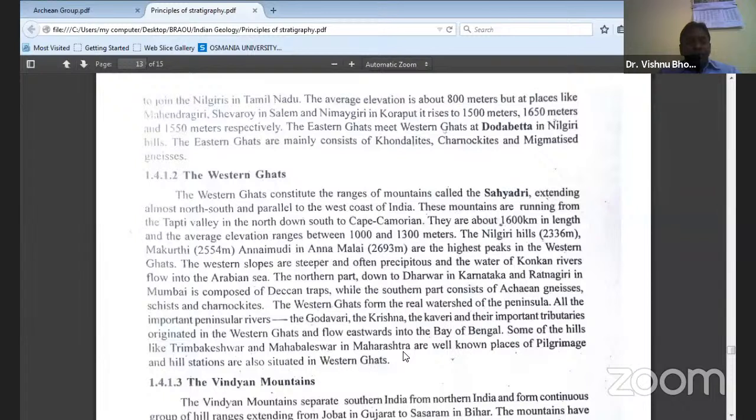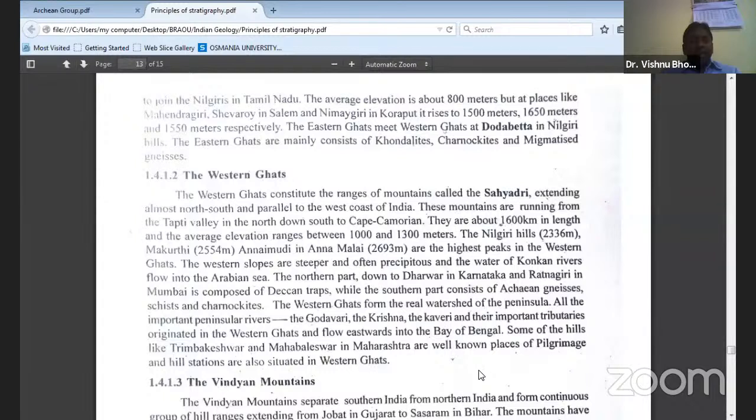The Western Ghats are located between Dharwar in Karnataka, Ratnagiri and Mumbai, and are mostly composed of Deccan traps, while the southern part consists of Archean gneisses, schists, and Charnockites also.